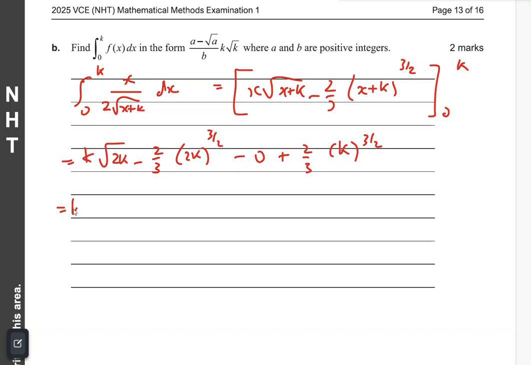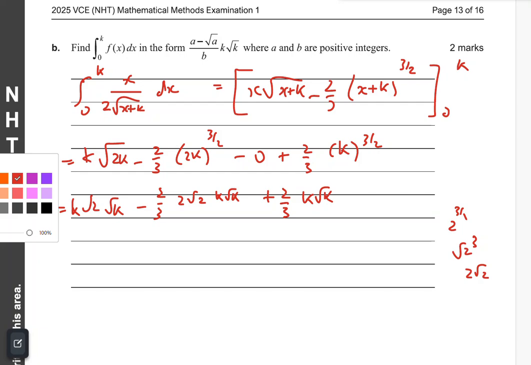So k times root 2 root k, minus 2/3, 2 to the 3 on 2 is root 2 cubed, which is 2 root 2. 2 root 2 k root k, plus 2/3 k root k.